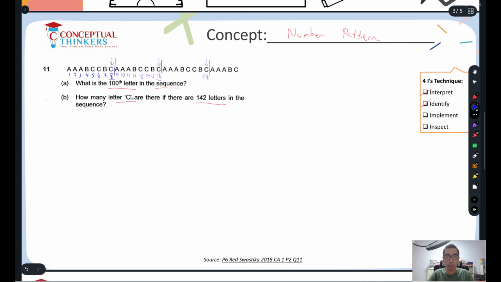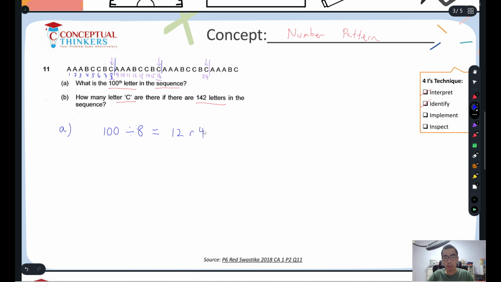Now we can start to solve the question. For part A, they want to know the 100th position. We just take 100 and divide it by 8. Then we will get 12, remainder 4. This is a paper 2 question, so you can use your calculator. Instead of using decimals, you can put it into a mixed number.